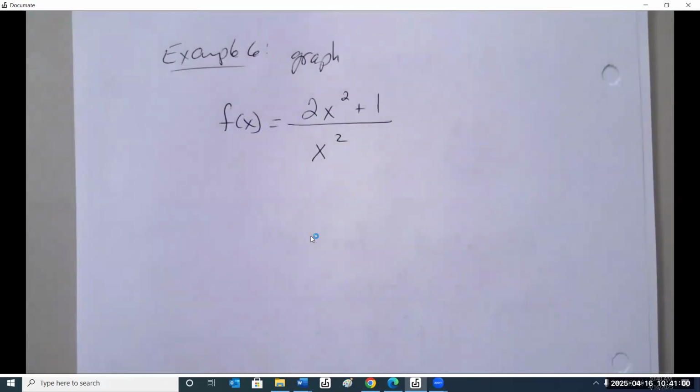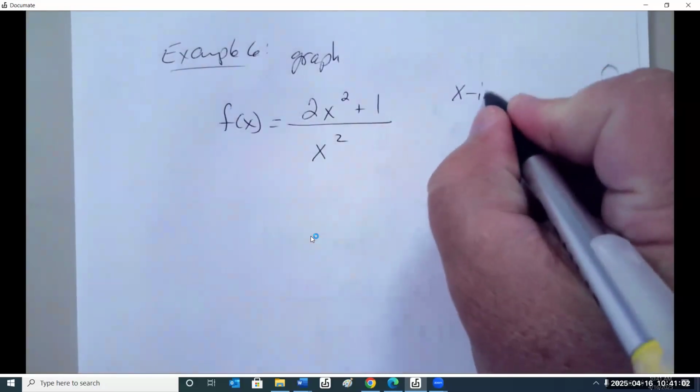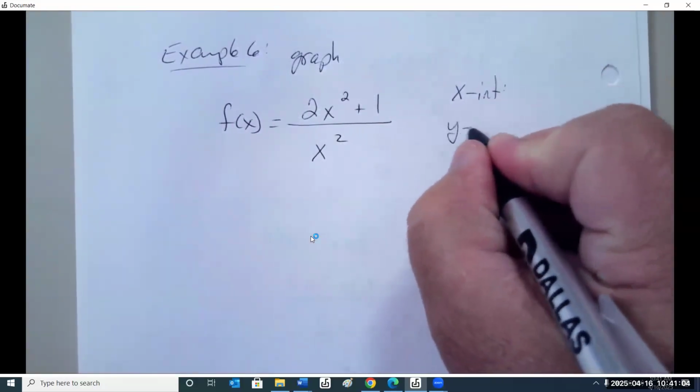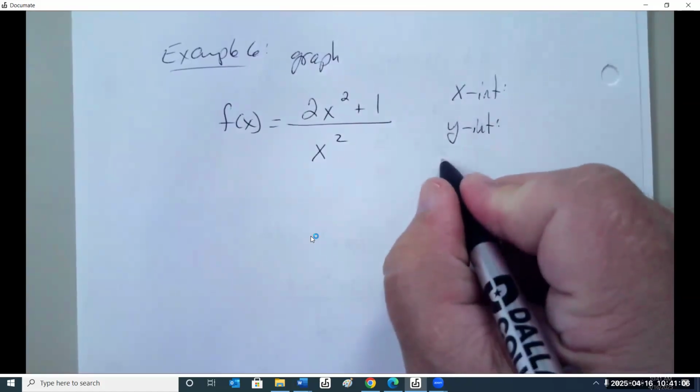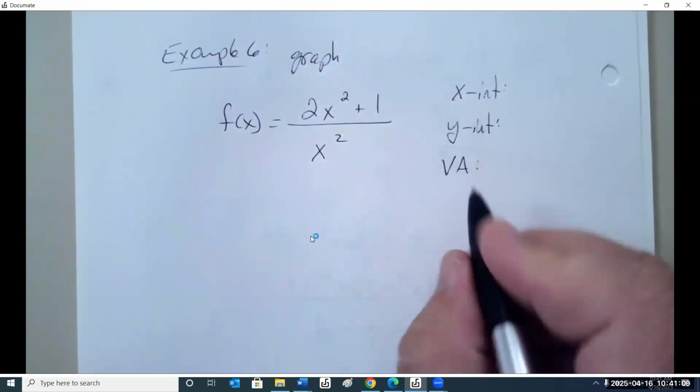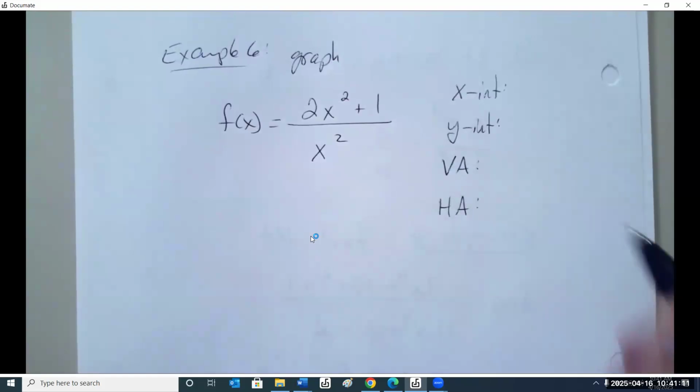Now, whenever you graph something, you need to have the x-intercept, if it exists, the y-intercept, if it exists, the vertical asymptote, if it exists, and the horizontal asymptote, if it exists.